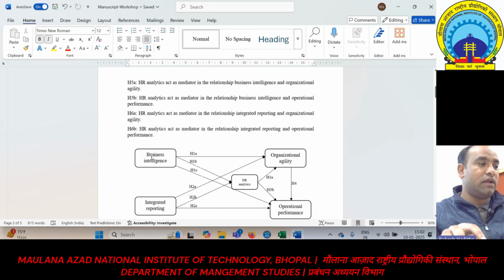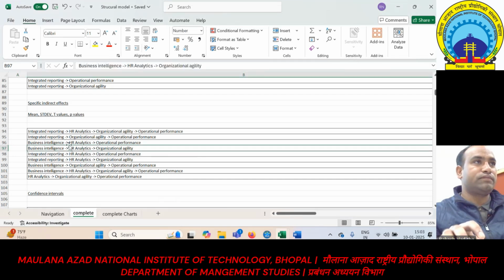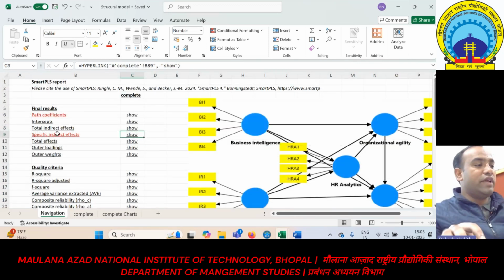That result you can get from the specific indirect only, you have to see. In navigation, you will get specific indirect.